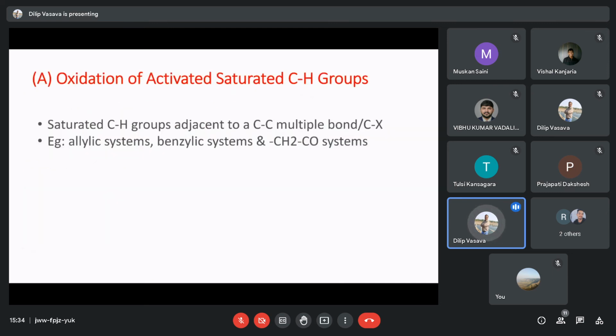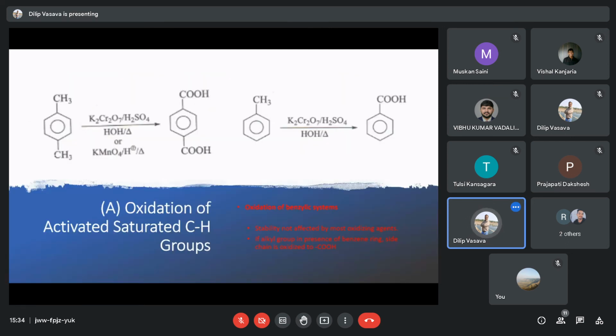Now, this is the activated saturated CH group where 2 alkyl groups are attached and both are electron donating groups. So both are oxidized and it gives the dicarboxylic acid. When a single alkyl group is taken, it is oxidized to the carboxylic group.